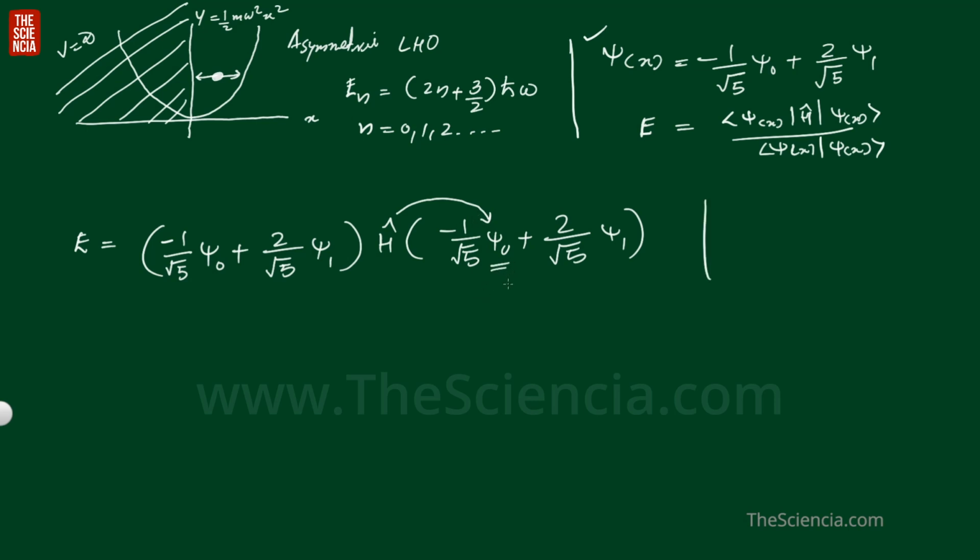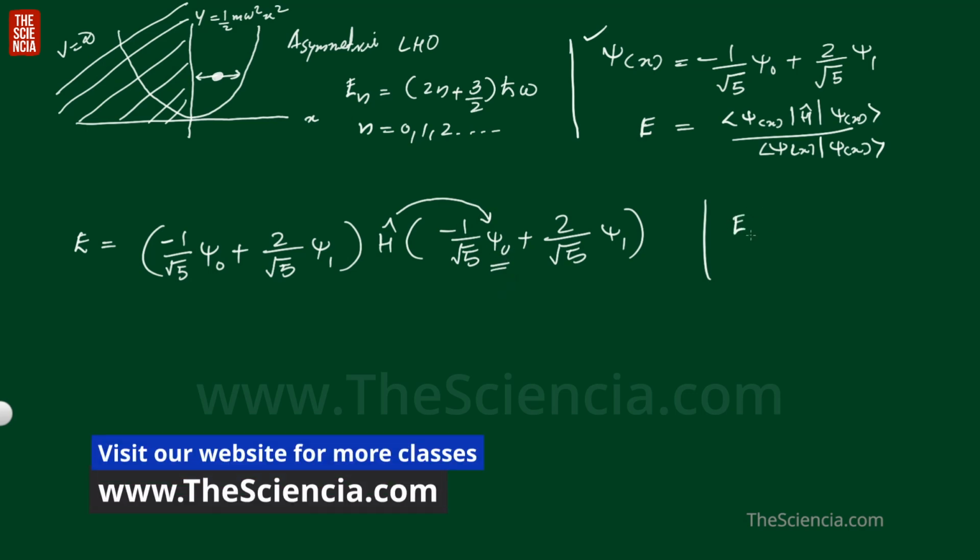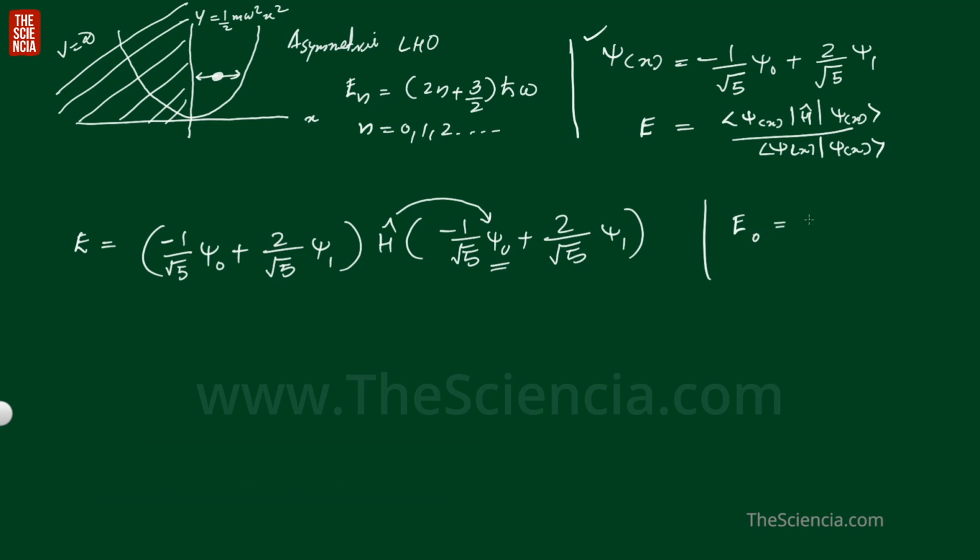Here, what is the energy associated with this wave function? To find the energy of psi 0, we have to substitute n equal to 0. So we get 3 by 2 h cross omega. So when the Hamiltonian acts on this wave function, it will give 3 by 2 h cross omega.